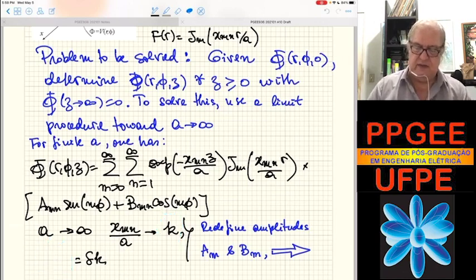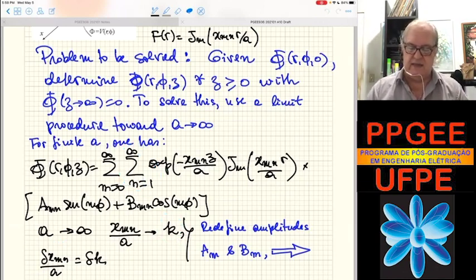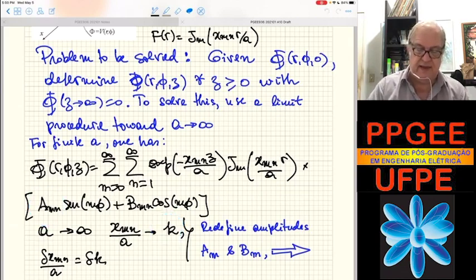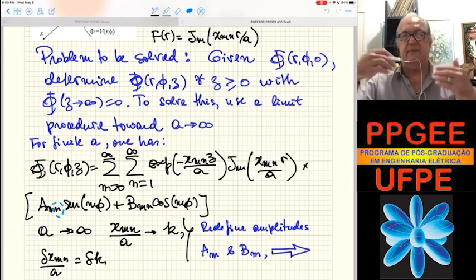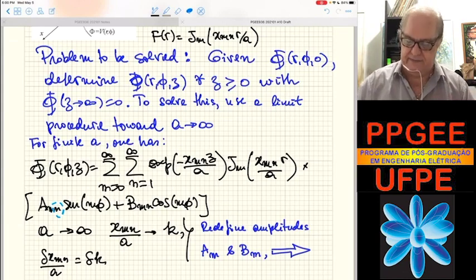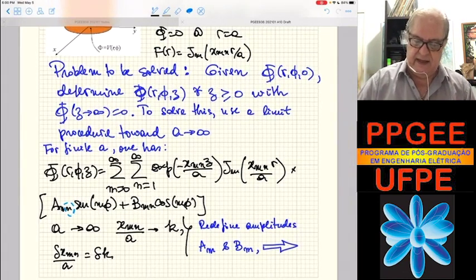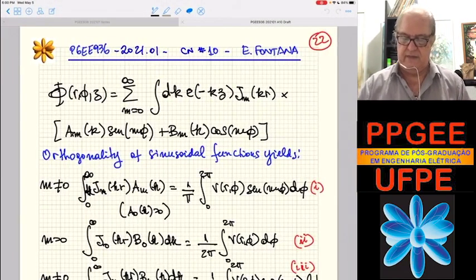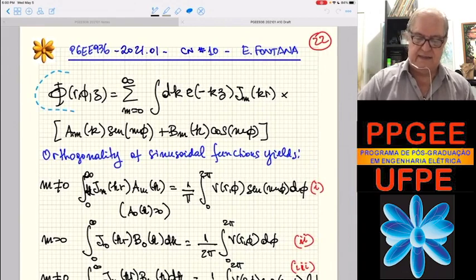So instead of summing over the index of the roots, we are going to integrate over the k variable. The coefficients depend on the order of the roots, so they are going to depend on the variable k. So the sum in n is going to be an integral. And it can be cast like this.